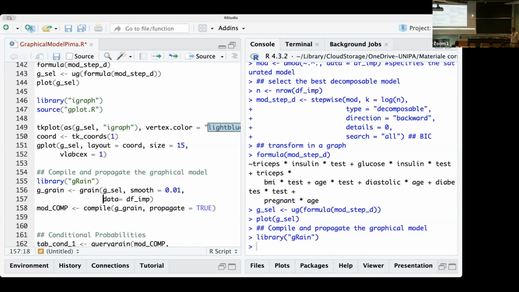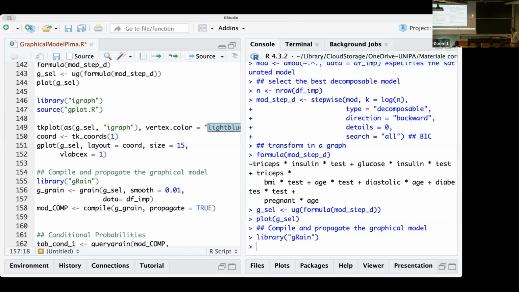To avoid this problem, when you have sparse tables, I suggest to put this smooth very small, let's say 0.01. You can read it like it corresponds to a Dirichlet prior distribution, an uninformative prior distribution on the probabilities. If you are Bayesian, then you can put it like this. Or if you want, it's just a way to overcome a problem with zeros. That's your choice, okay?